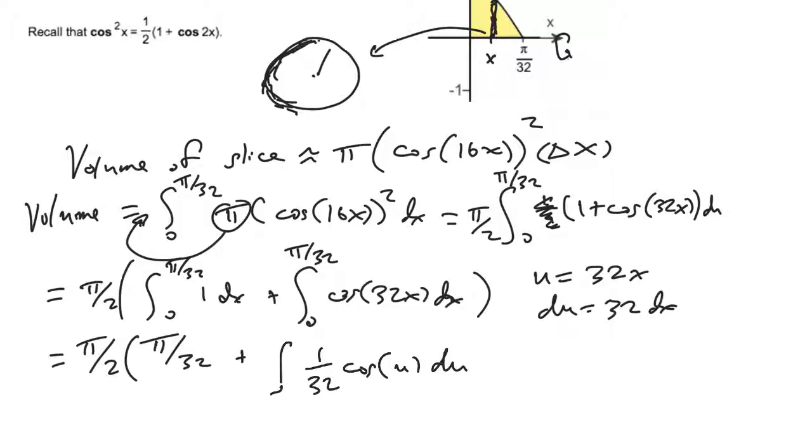That's because 1/32 du equals dx. When I make the substitution, don't forget that we also have to deal with the limits. Here x is 0, which means that u is 0. And here x is pi over 32, which means that u is pi.